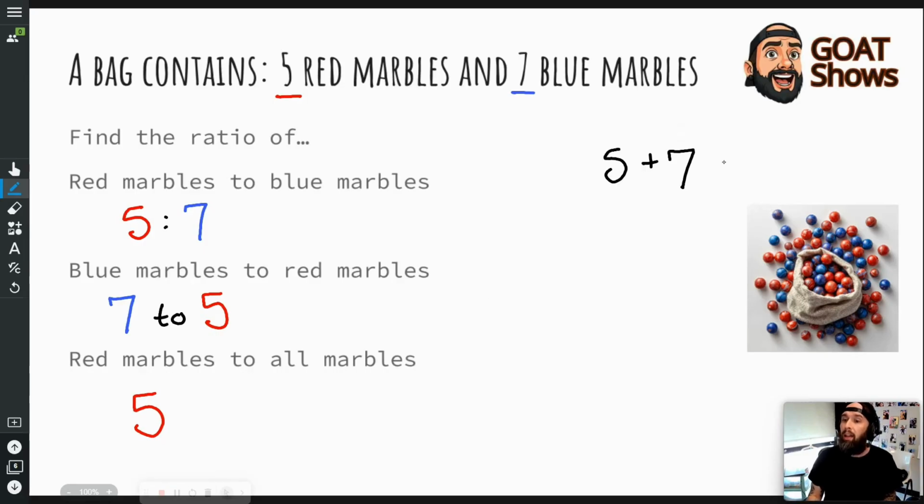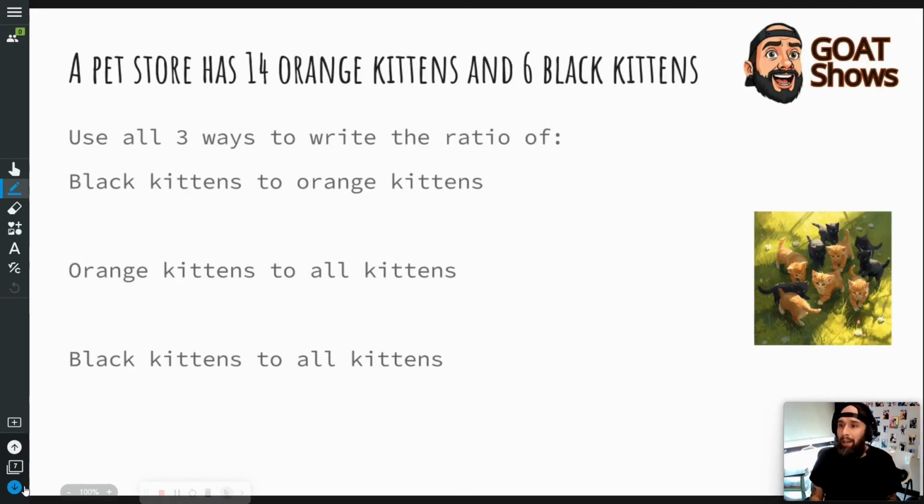That's why we did that. 5 plus 7 gives us all the marbles that we have, which is going to equal 12. So we could write this out as 5:12, like this. Or we can write out the words 5 to 12, or 5 over 12. There's 3 ways to do it. And you know what I'm going to do? The next problem, I'm going to have us write it out 3 ways for every single problem.